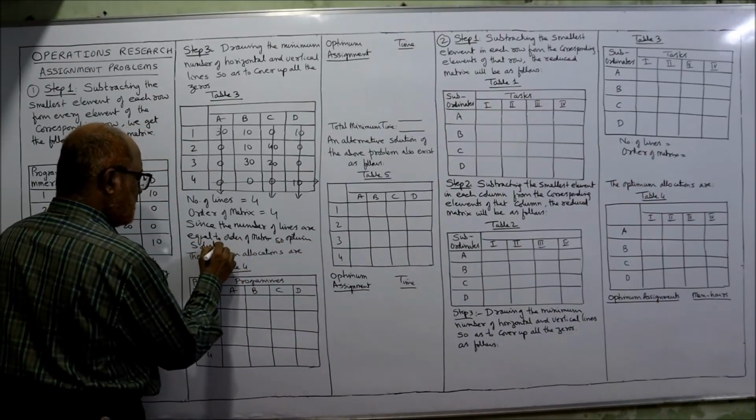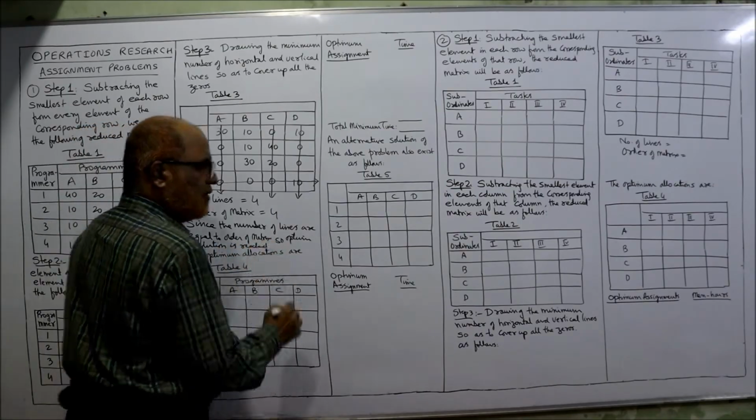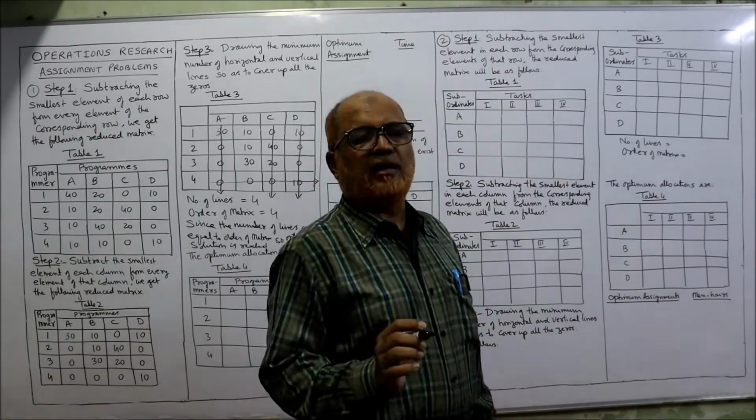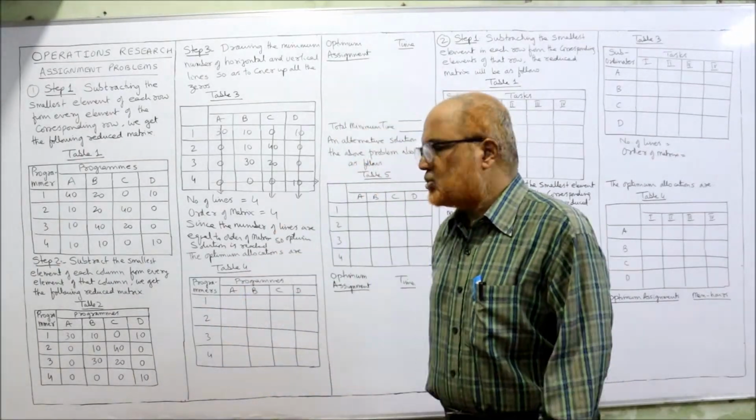Whenever number of lines and the order of the matrix are same, then we reach the optimum solution.